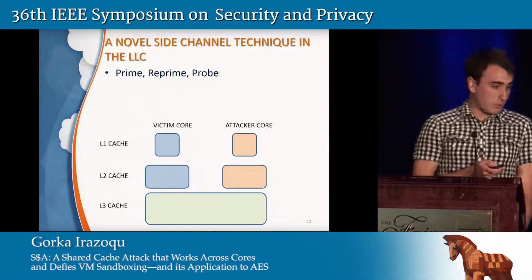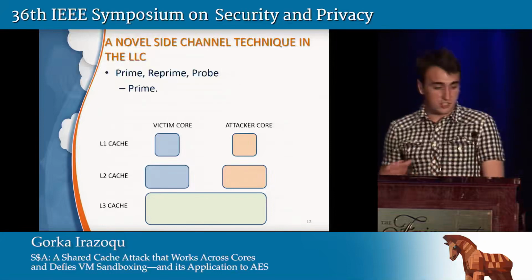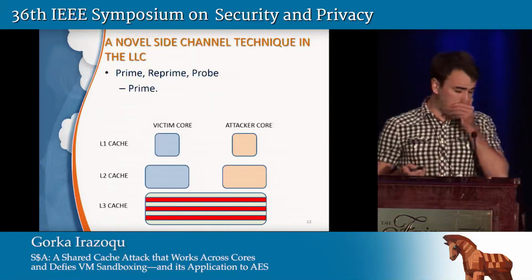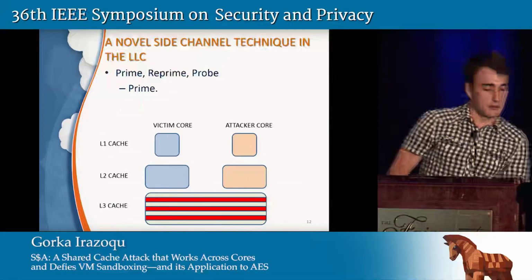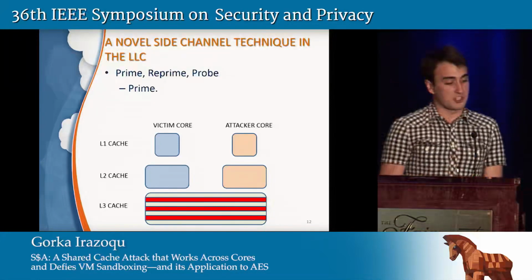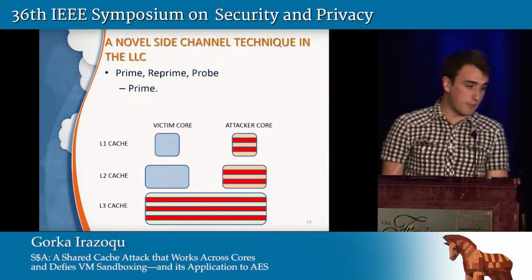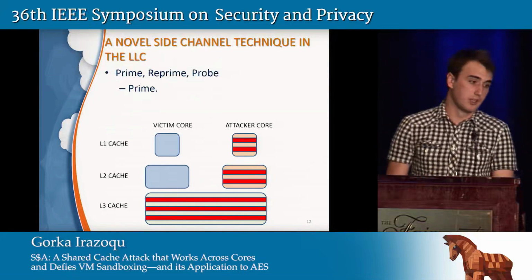First of all, as attackers, we generate lines or memory blocks that fill a set in the level 3 cache. However, since level 3 caches are inclusive in Intel processors, we are going to experience something like this, where the upper level caches are also going to be filled.